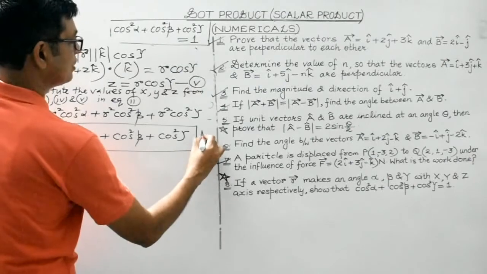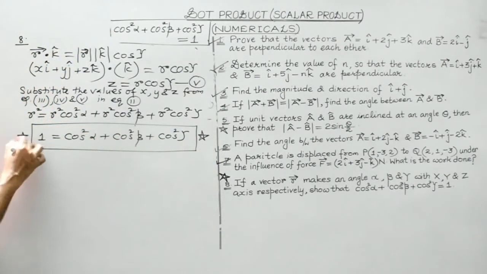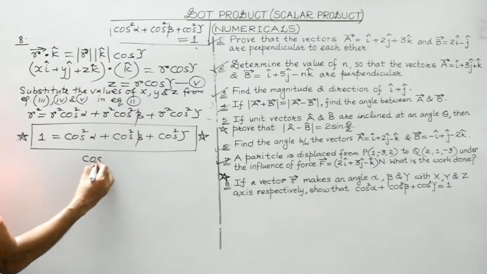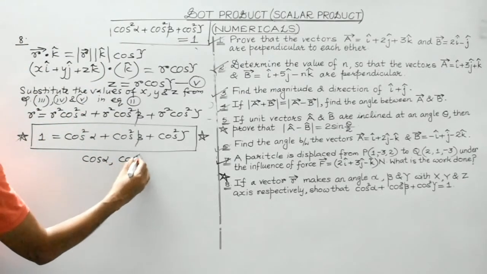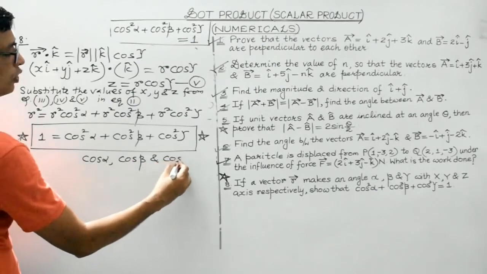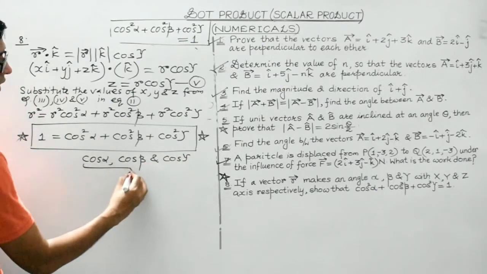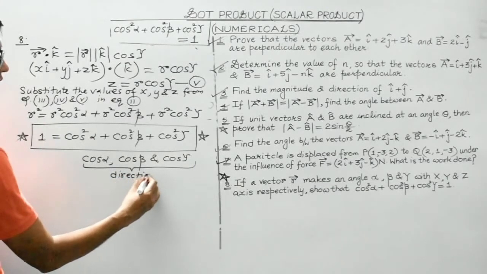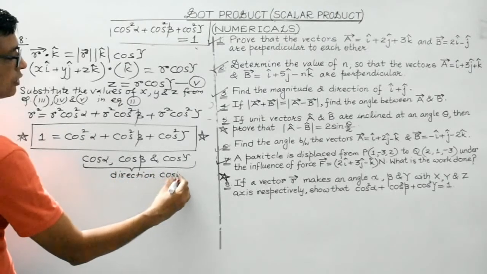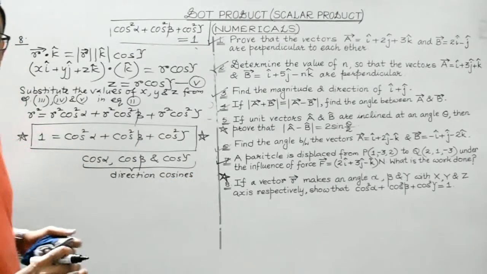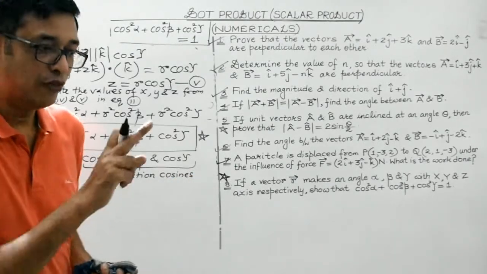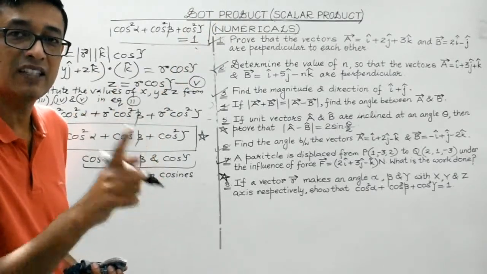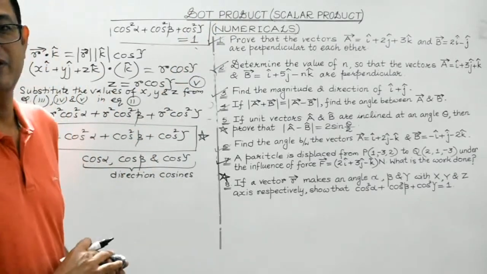So students, this is a very, very important result. Actually, cos alpha, cos beta and cos gamma are known as direction cosines. These are basically the cosines of the angles which the position vector r makes with the x-axis, y-axis and z-axis respectively.